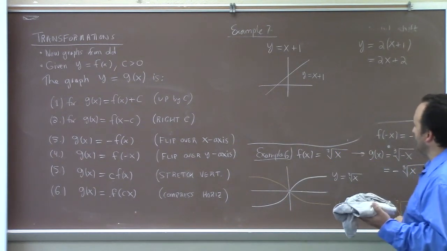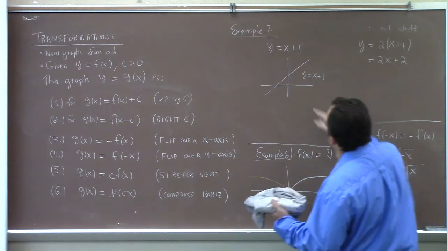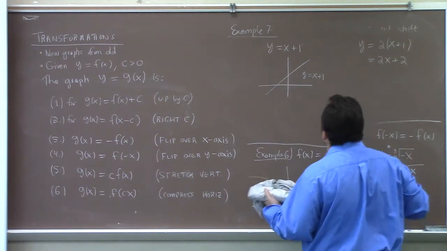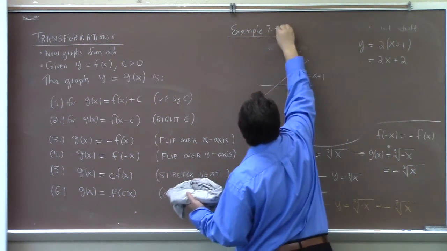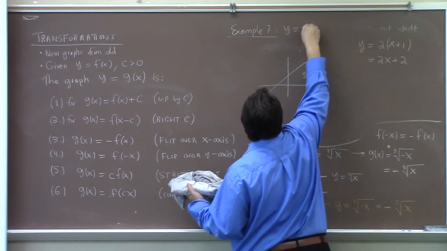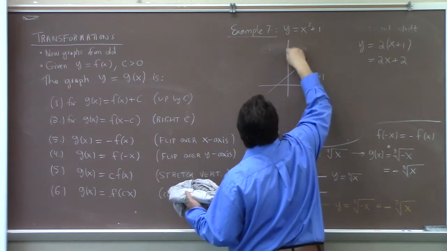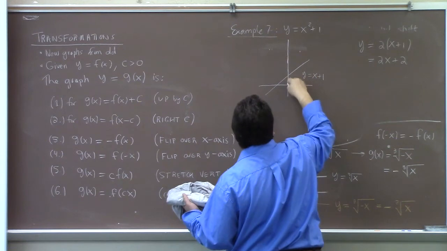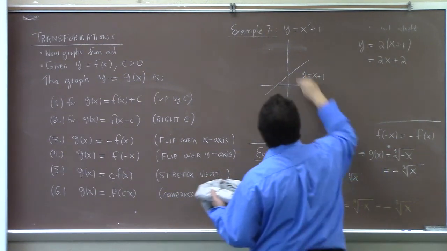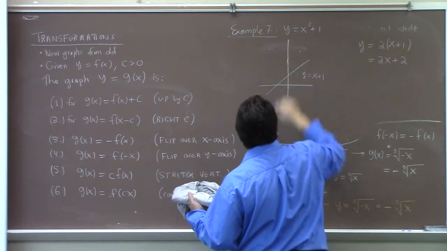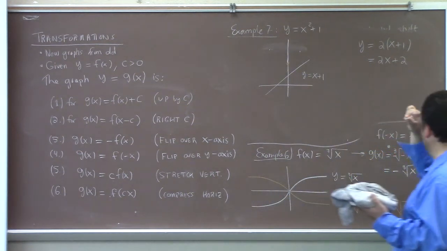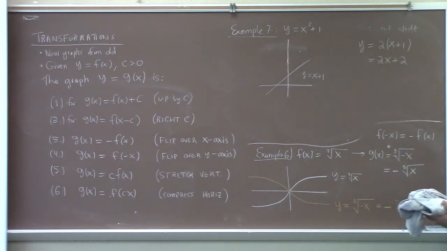So if I was to graph that on the same graph, what would it look like? What happens for both of these at -1?